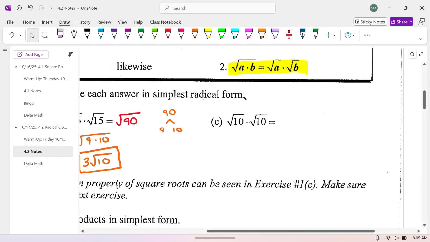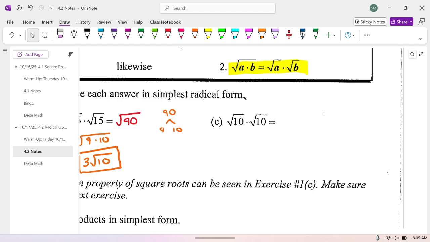All right, now, this last one. Here's a little trick. If you're multiplying the same radical with the same number underneath, the radicals essentially cancel each other out, and you're left with whatever is under the radical.